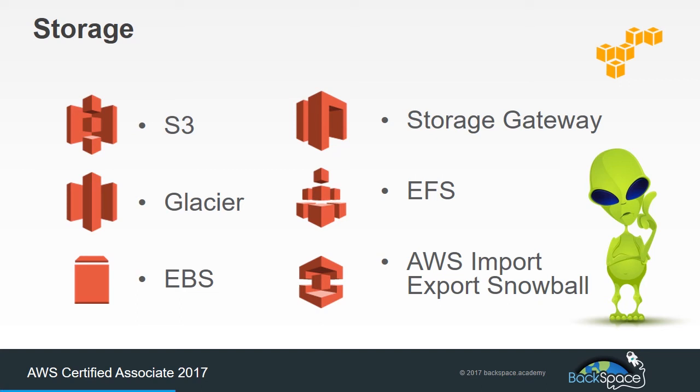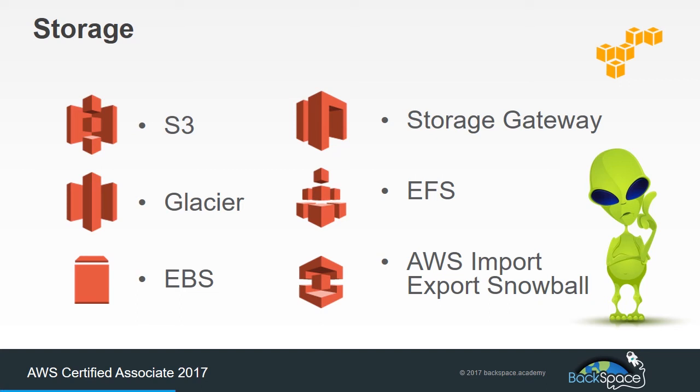And Glacier is very low cost, the lowest cost option of the storage services. And so you can store that in Glacier. The downside though is that if you want to get it back again, it's going to take you about 3 or 4 hours to get it back and restored from Glacier back to Amazon S3.